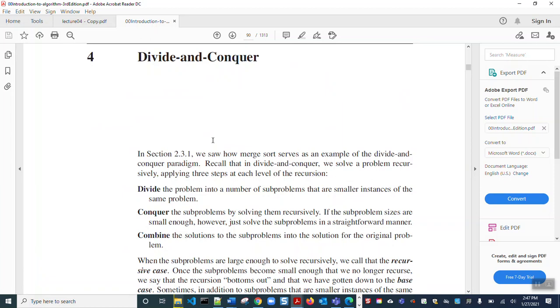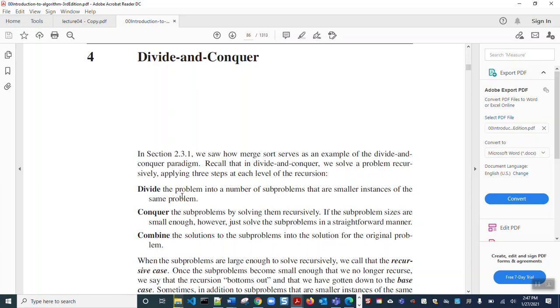So here is the divide and conquer method. What is divide and conquer? Divide means divide the problem into a number of subproblems that are smaller instances of the same problem. As we have seen in our previous lecture, we used the merge sort algorithm using the divide and conquer method.